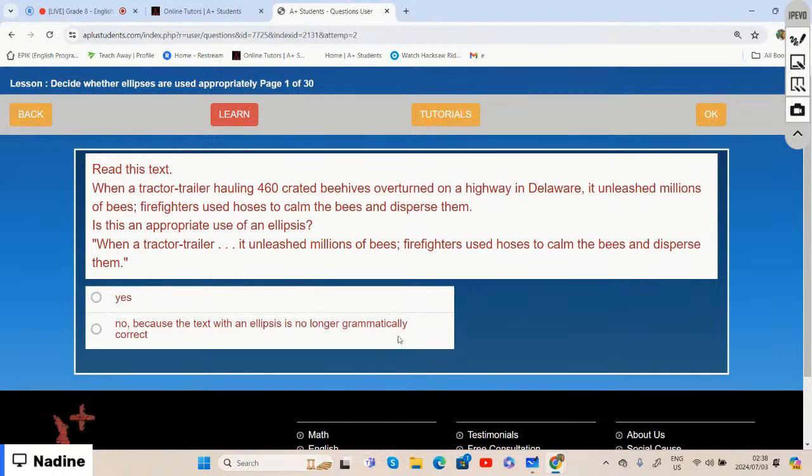All right, so now we're going to decide whether the ellipses are used appropriately within the text, right? It says, read this text.